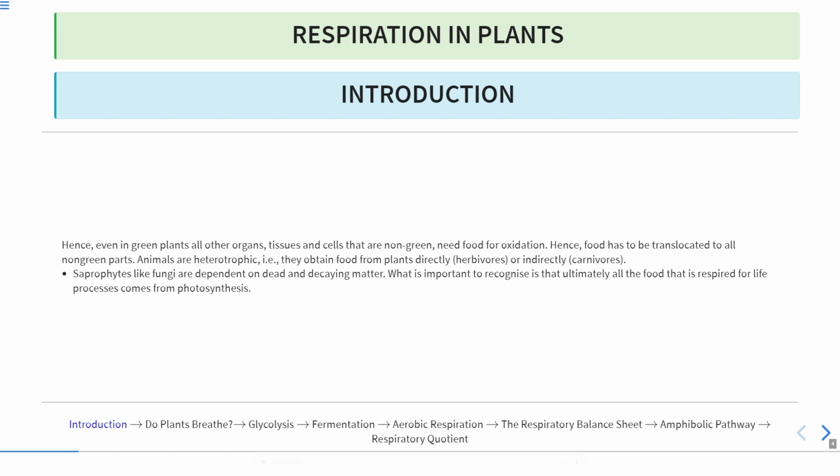They also require food, though they do not synthesize the food. Hence, food has to be translocated to all non-green parts. So the food that has been synthesized by the green parts of the plant should be transported to those parts that are non-green.